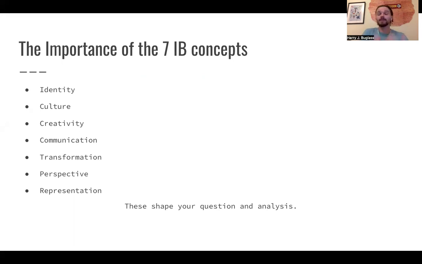For example, if you choose perspective, you might explore how a narrator's bias shapes the reader's understanding. If you choose representation, the last one, you might examine how marginalized voices are often portrayed. So the concept isn't your afterthought, it drives your line of inquiry. It shapes your evidence and signals to the examiner that your piece is conceptually rich. To omit an IB concept from your essay will be detrimental to your mark. Fact.